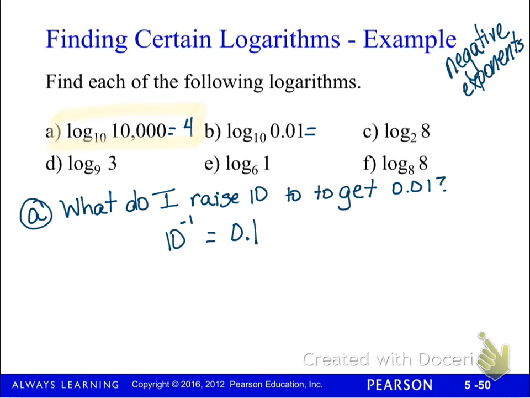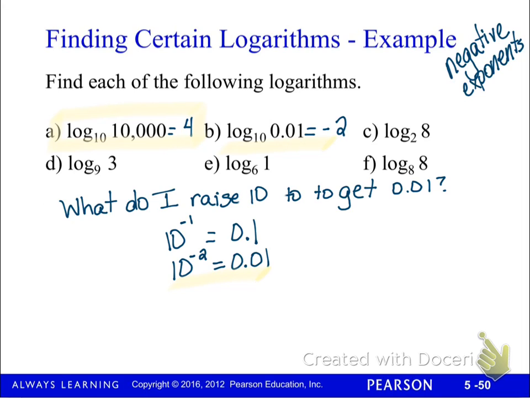Okay, so if I raise 10 to the -2, that's when I would get 1/100th. So log base 10 of 1/100th is -2. Okay, and again, look at the relationship between this exponent right here and this log, because you're going to be continually going back and forth with that.